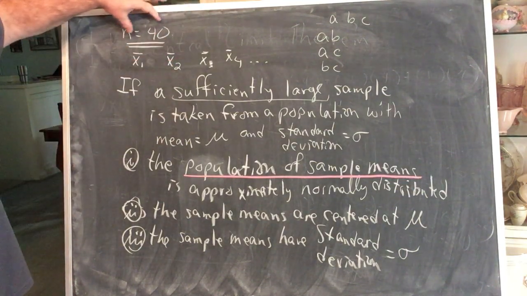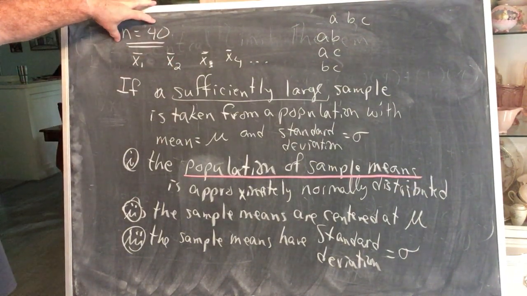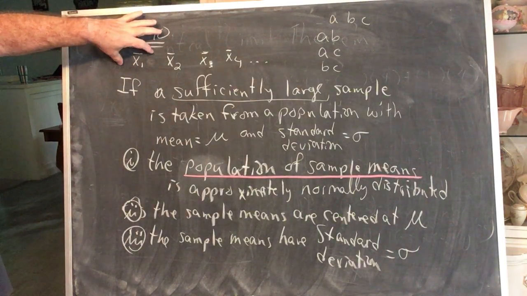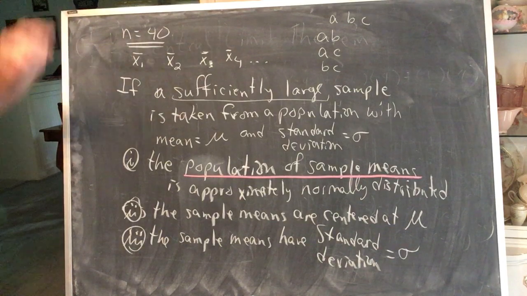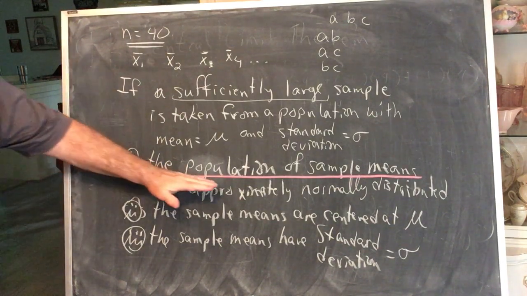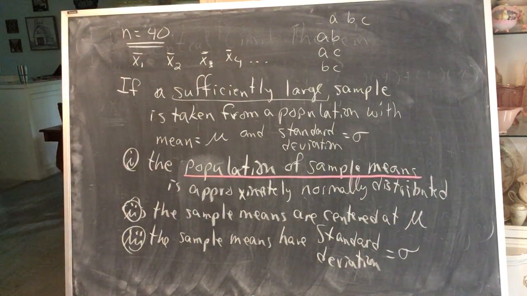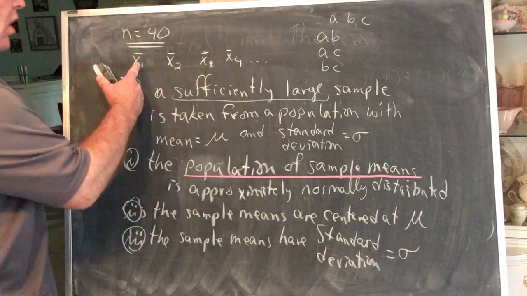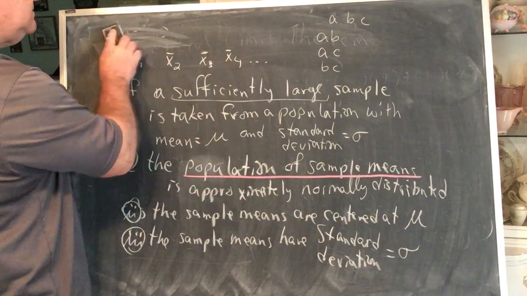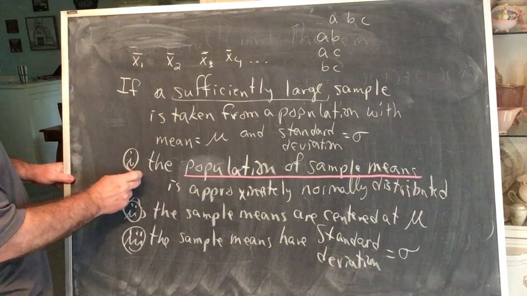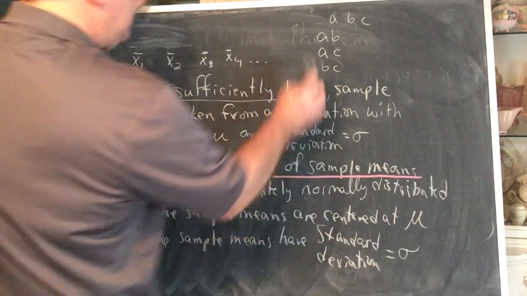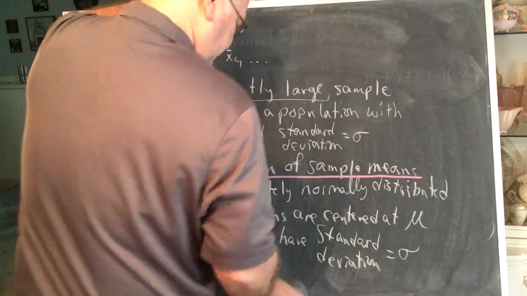So anytime you do this experiment, you take 40 people from that population, you compute the sample mean, you have selected one of these potential sample means out of this population of sample means. And what the central limit theorem says is this: if we have all of these sample means, then statement number 1 says we get to use the normal curve.